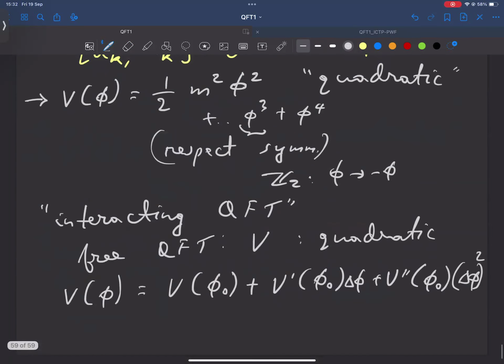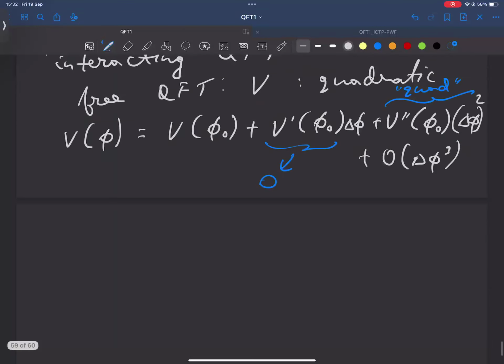Then there are higher order pieces. The first term is 0 because phi naught is a minimum, and the first thing that you get at leading order is a quadratic. So that's why we are learning the leading order piece now, and the higher order pieces, which will give you interesting interactions, you will learn in the later set of lectures.